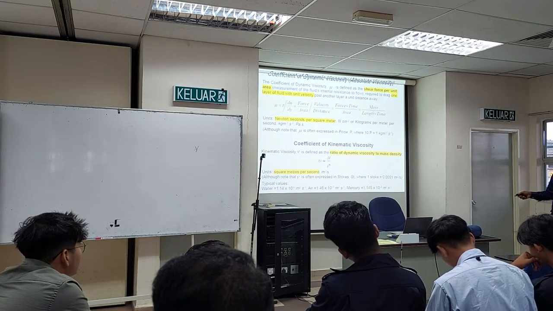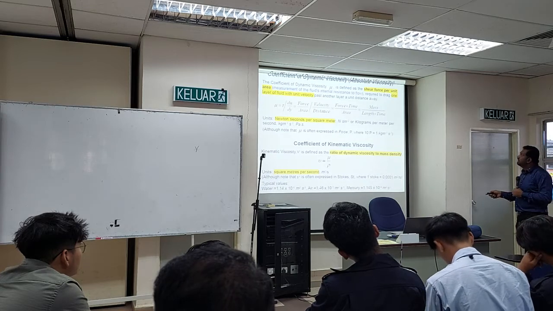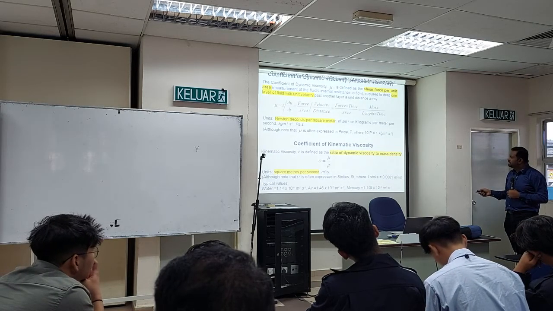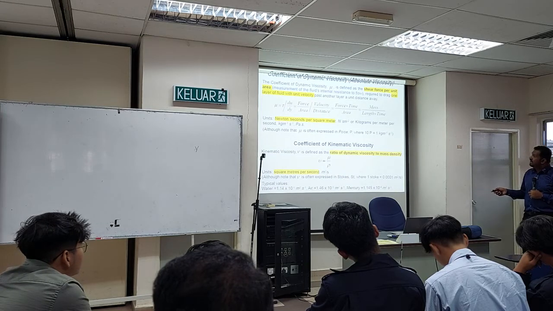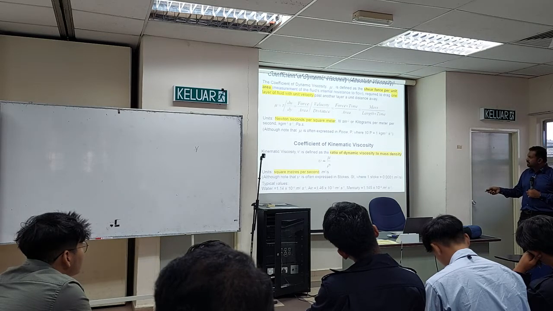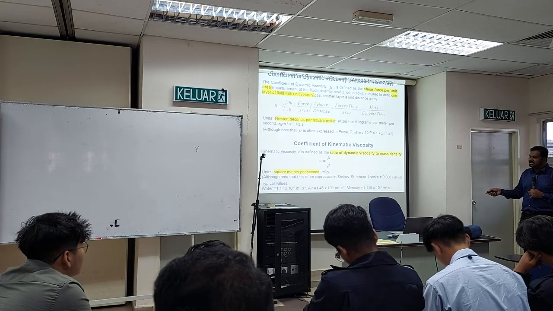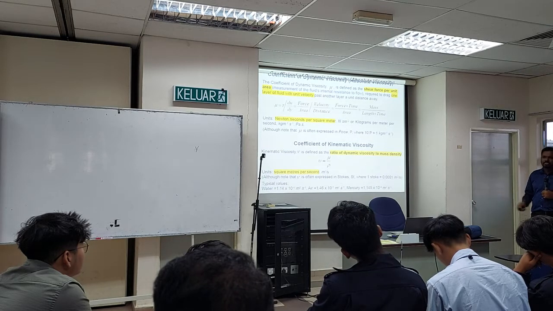It's actually the ratio of dynamic viscosity to mass density. We saw earlier that dynamic viscosity is mu, over mass density, which we know is rho.